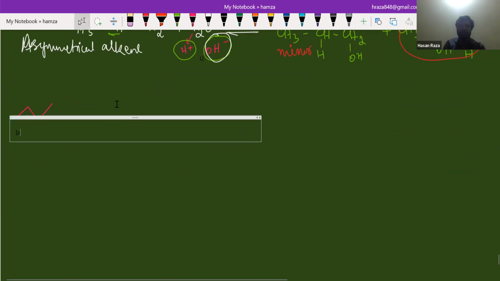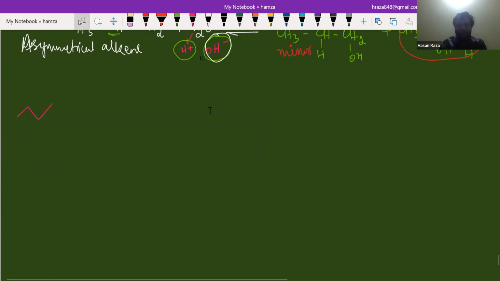Can I write a bond line structure formula of an alkene like this, and you are going to react it with H2O in the presence of H plus, then tell me the name of the product. Please let me know.